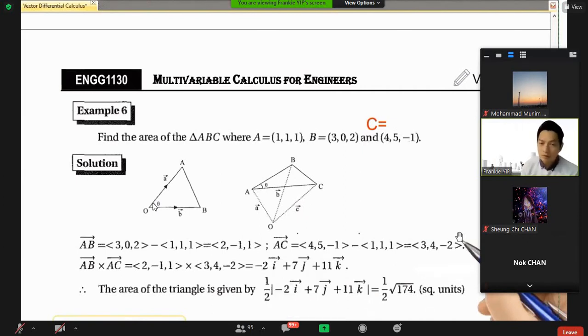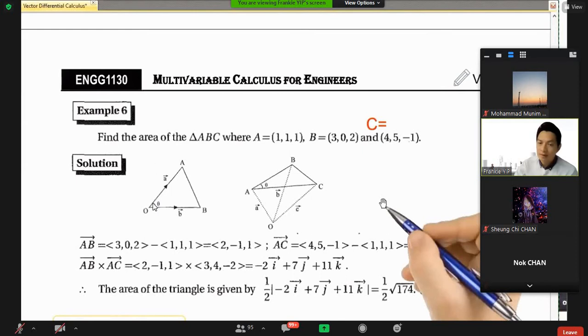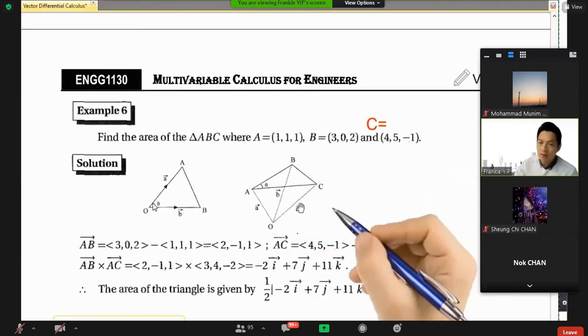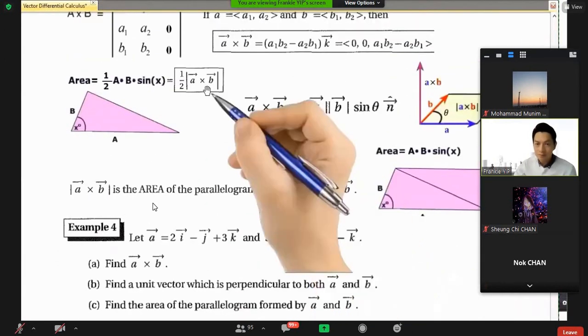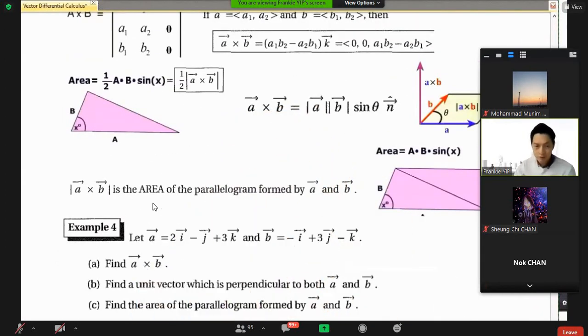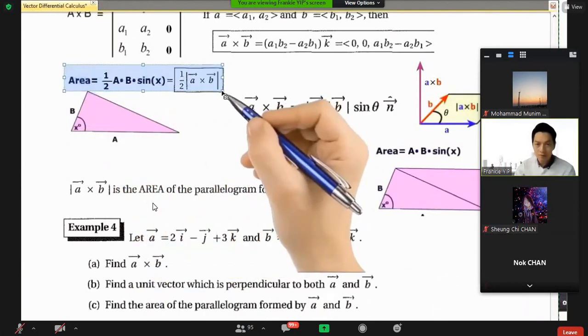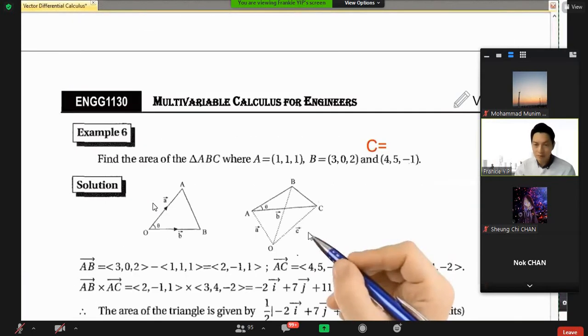After I mark this, we have OA, OB, OC. And now I would like to find the area of the triangle. We have the formula here: half of this. So how can I make use of this? Think about this.